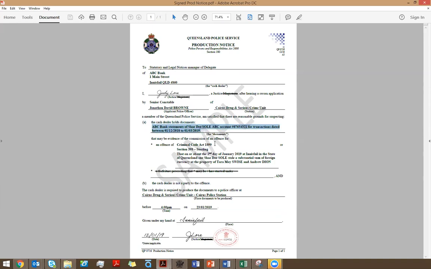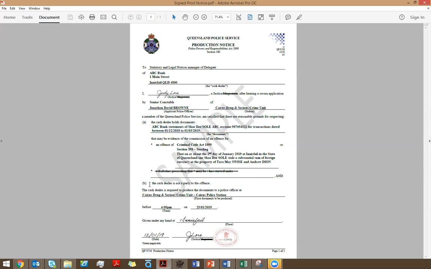So in this instance, bank statements of one Shady Soul ABC account, and then all those details there, and then the dates. You can see here that this is the evidence of the commission of an offence for, okay, and the forfeiture proceeding has been crossed out.